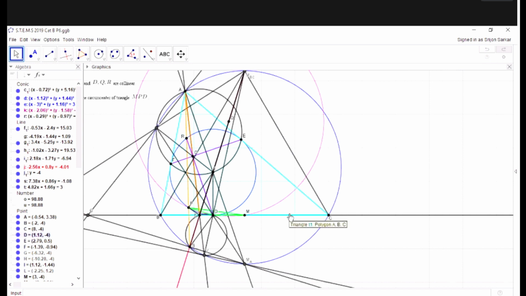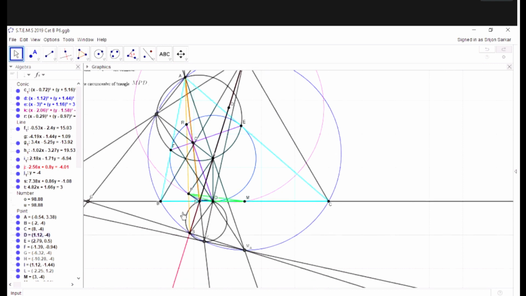Why? Because suppose ABC is a triangle, its circumcenter is O dashed, so the perpendicular bisector of AB will pass through O dashed. So O lies on the perpendicular bisector of PD, and we just proved that SP equals SD, so S lies on the perpendicular bisector of PD as well.